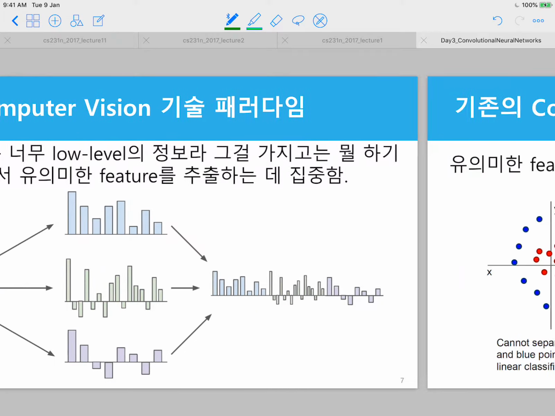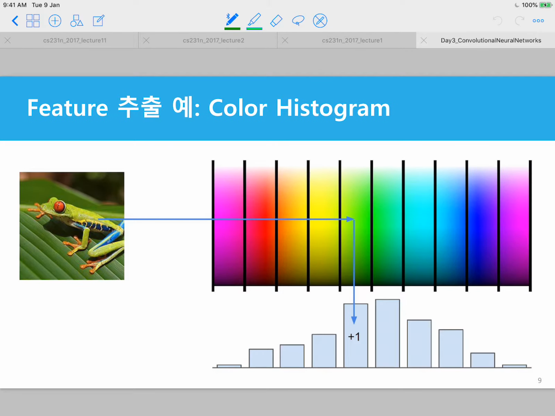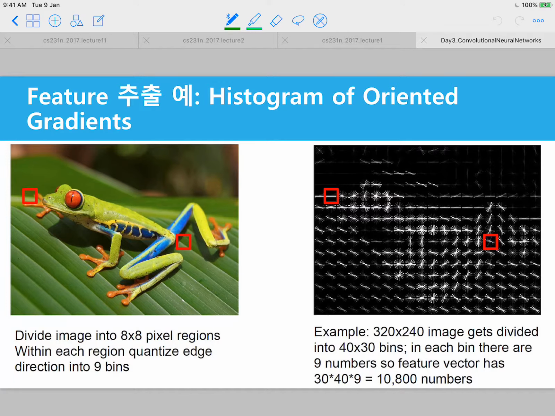In this case, we can think of this kind of color histogram, right? Color histogram, and also... anyways, there are several different methods that were widely used before the era of deep learning, and one of them was this HOG, or histogram of oriented gradients, and also SIFT and SURF and things like that.